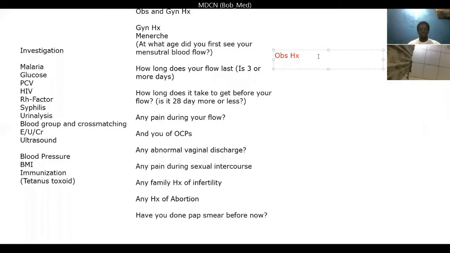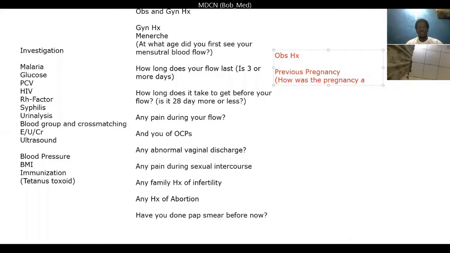So for the obs history, you want to ask about the previous pregnancy. So in the last pregnancy, if the woman has given birth before, you want to ask, how was the pregnancy achieved? How was the conception achieved?